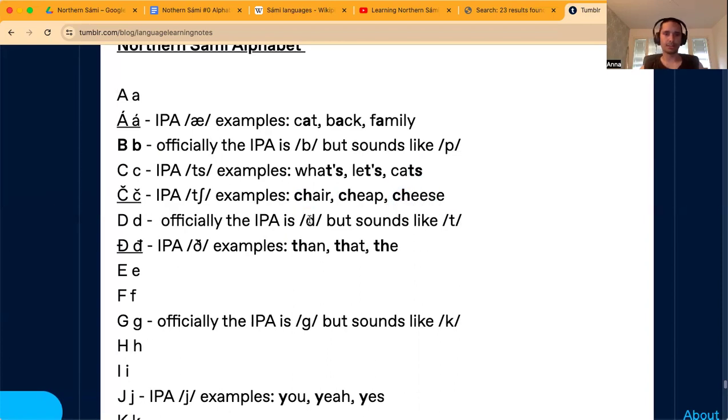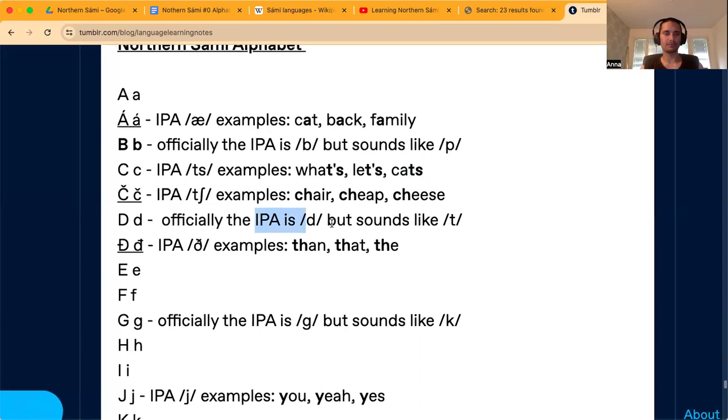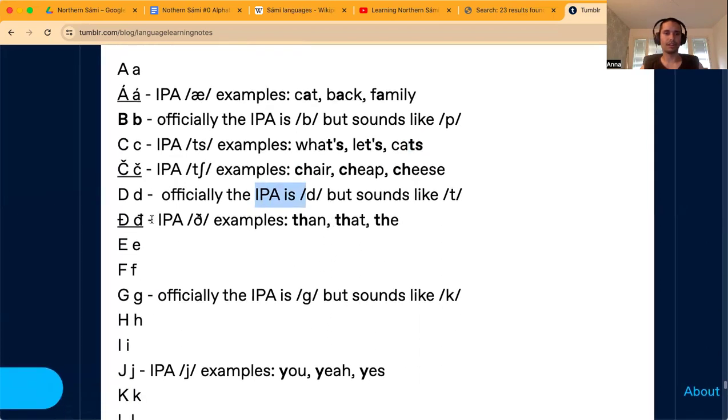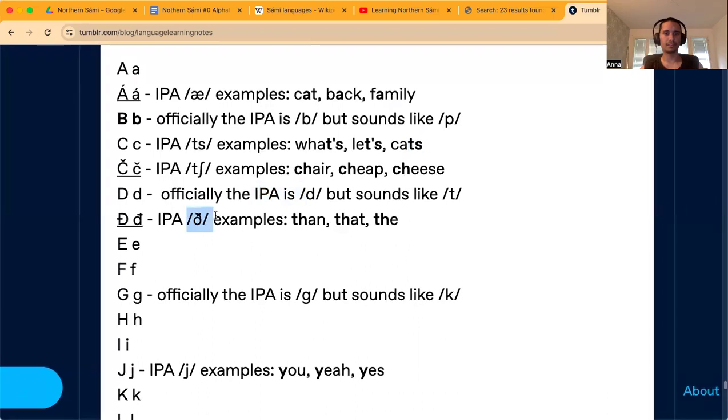D, officially the IPA is d, but it sounds like t. And then this one, the IPA is correct. It's said like in words like then, that, the.